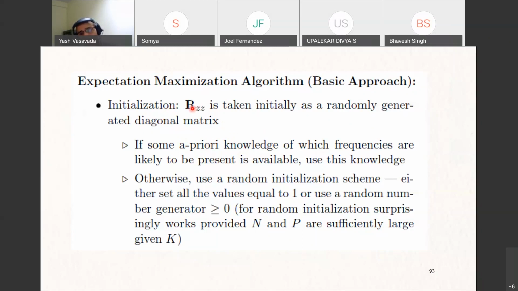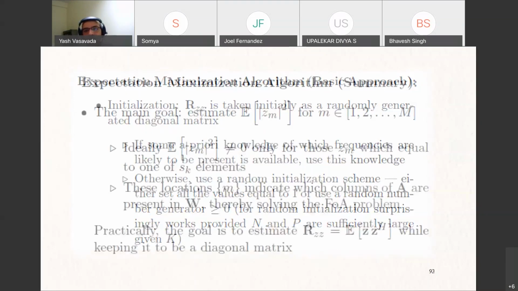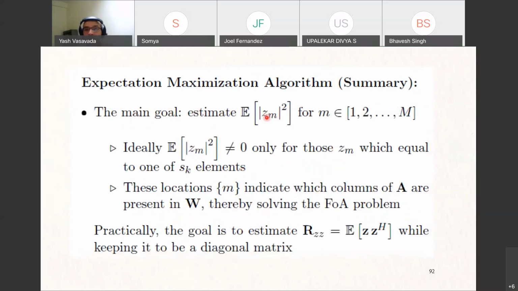But what is quite impressive is that even if you say, I don't know anything and I will just take it to be a random diagonal matrix, or even not random, I will say that all of these M values are all ones, because I don't know anything other than that, then also the algorithm works, which is quite surprising.